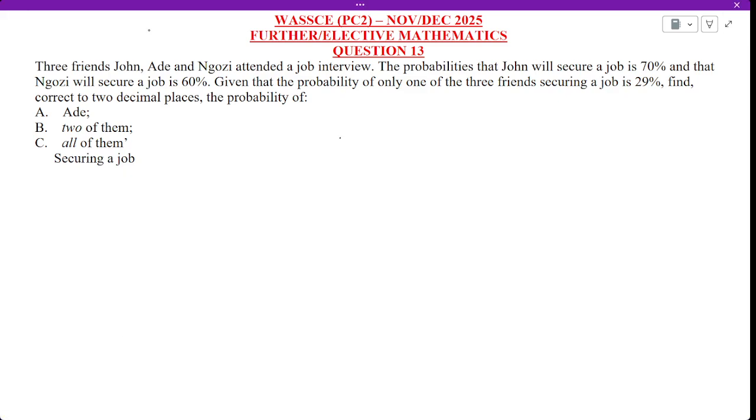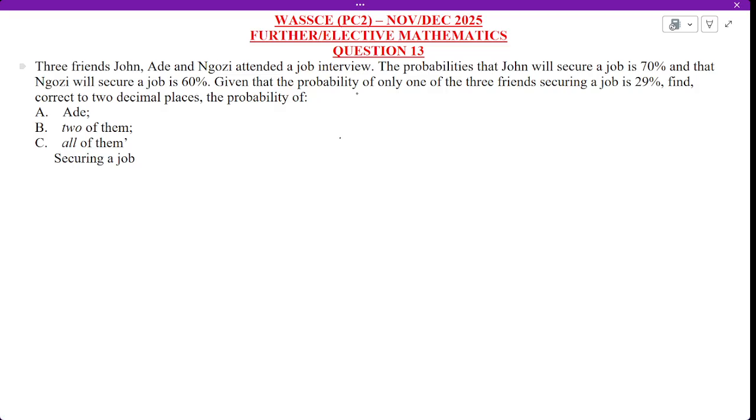All right, let's look at WASSCE PC2 or second series, popularly known as the NOV 2025 Further Mathematics, question number 13. Three friends, John, Ade, and Ngozi, attended a job interview. The probabilities that John will secure a job is 70% and that Ngozi will secure a job is 60%.